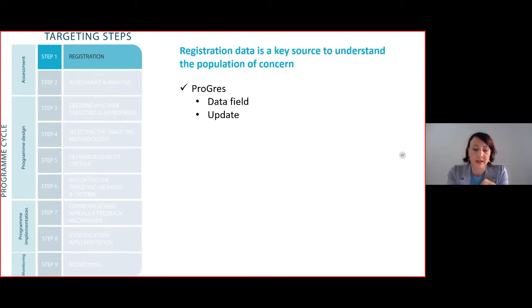proGres has specific data fields that are mandatory for all operations, but other data fields can be enlarged based on the context or specific country context. For example, it's managed at country office level, so apart from some mandatory fields, it can contain other fields that are specific for the refugees or displaced population in that specific country office.